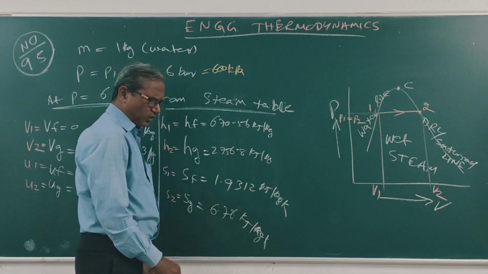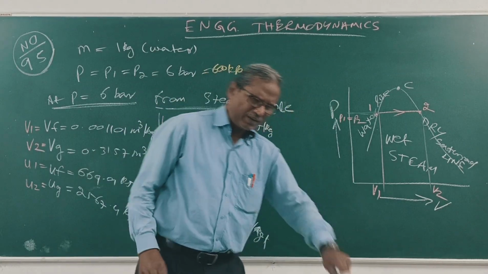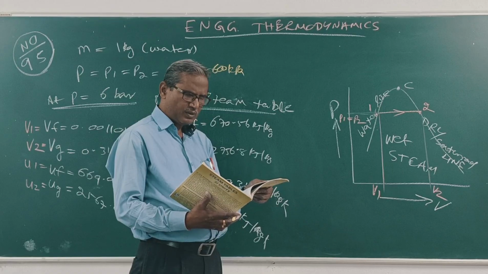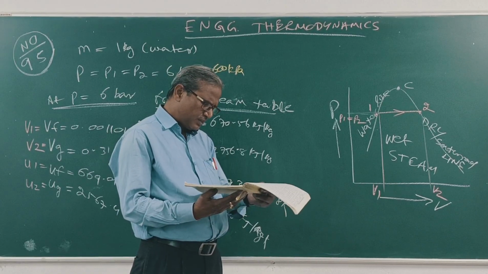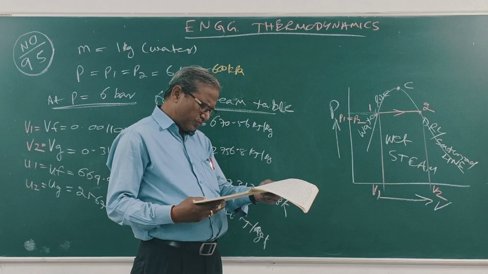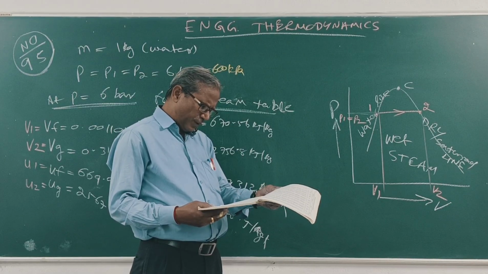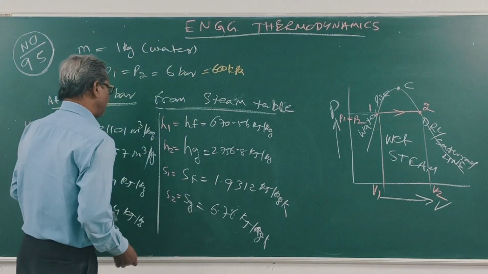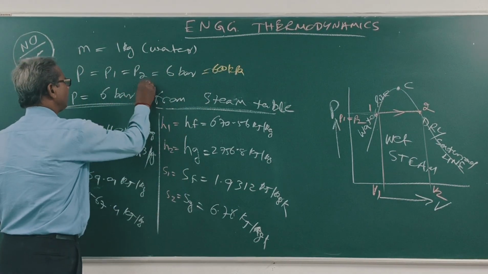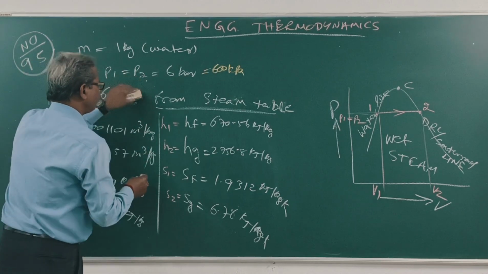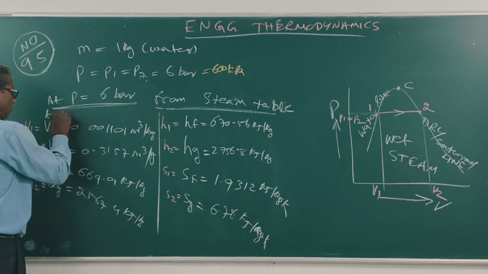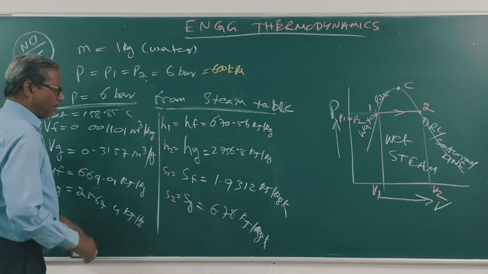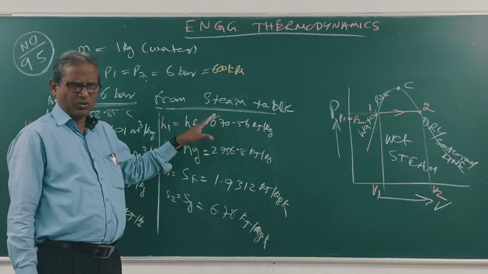So what is the temperature? The saturation temperature at 6 bar is T equal to 158.85 degree centigrade. Clear? I found this value from the steam table.